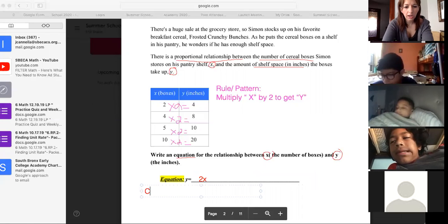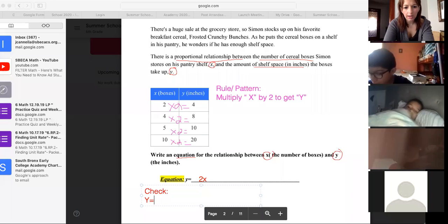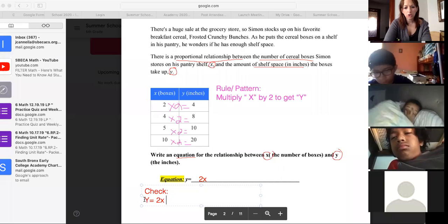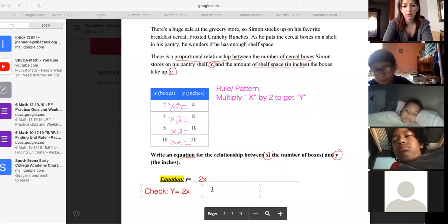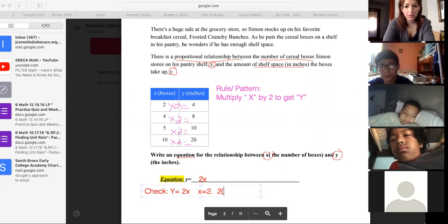That's the equation. And I'm going to show you how this works. This is how we're going to check. The equation says Y equals 2X. I want to check to show that Y equals 2X is true. So the first value is 2 for X. If I substitute 2 into X, what's 2 times 2? 4. So is it true to say that 2 times 2 is equal to 4? Yes. Okay, so that's true. Let's do the next one.